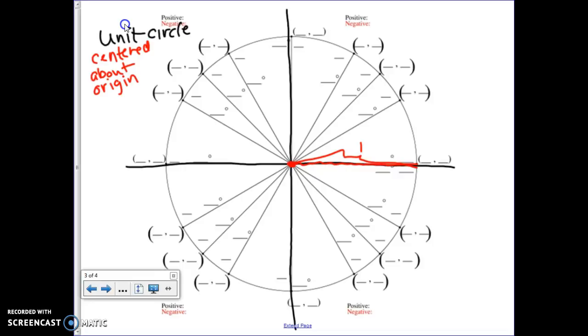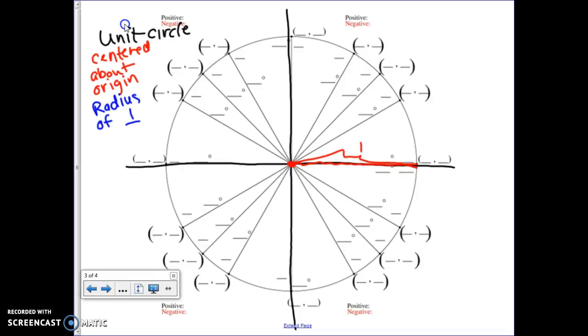So two main things make this a unit circle. Unit really stands for 1, so a unit circle has a radius of 1 and is centered about the origin.